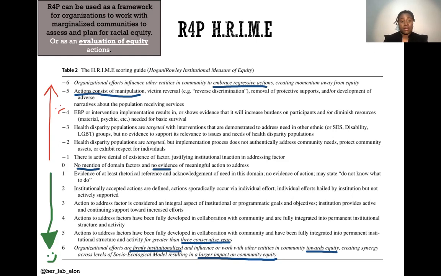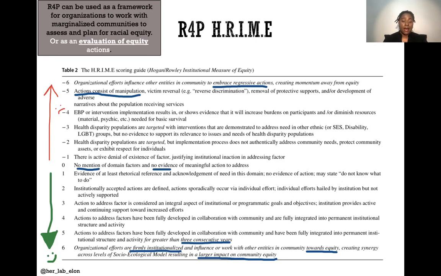So active actions of manipulation resulting in those increased burdens. When it gets to -6, that is where you see an organization that is embracing regressive actions and creating actual momentum away from equity.